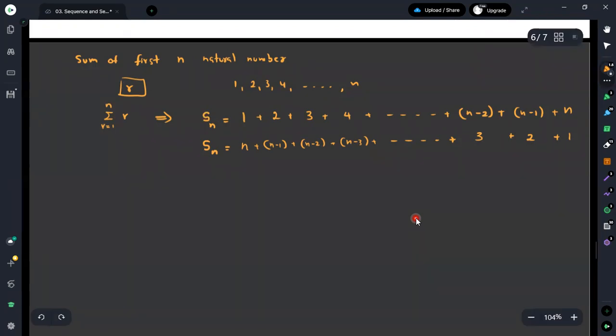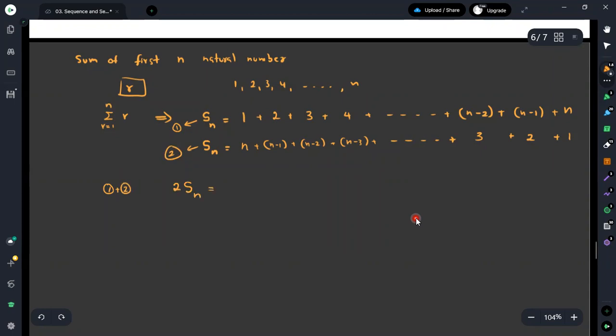Now we have the same series in two ways. If we name this the first series and this the second series, the second series is generated by writing down the first series in reverse order. If we add the first and the second series, we get 2 times Sn.